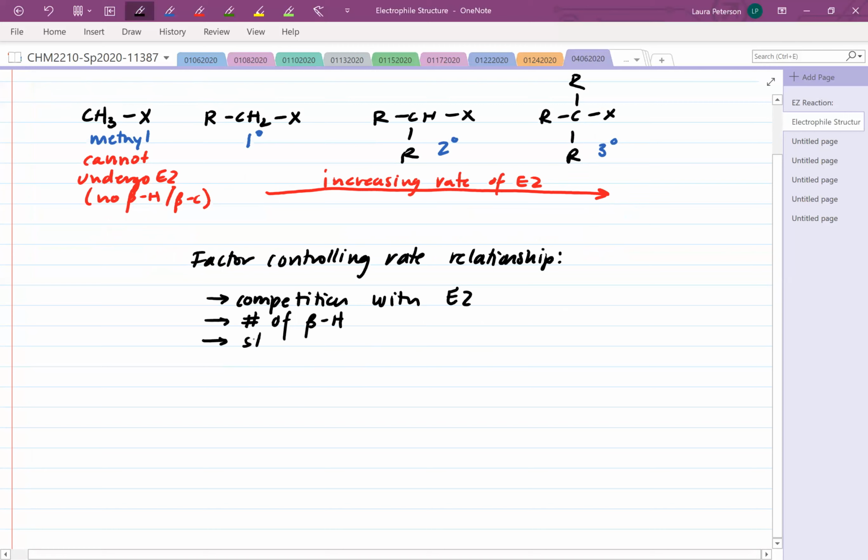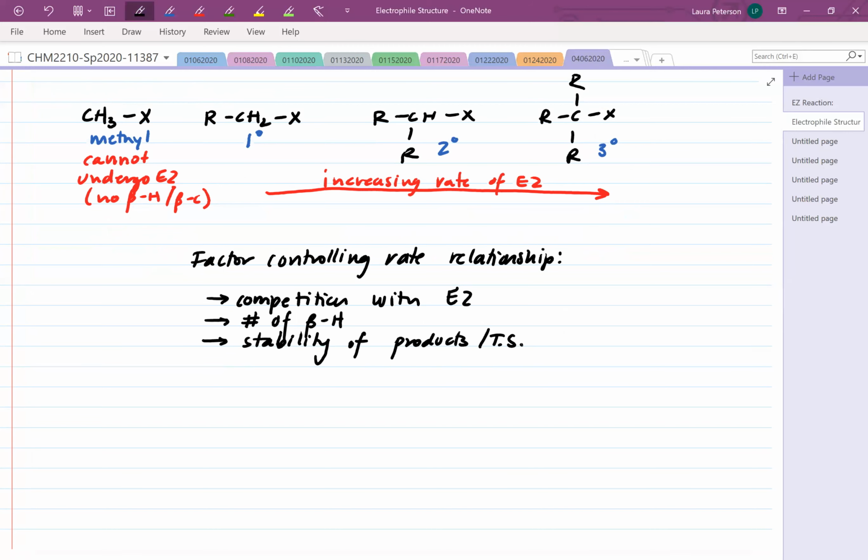So the stability of the products and the transition state: anything we do to stabilize the products will stabilize our transition state. As we increase the substitution of our alkyl halide, we increase the substitution of the corresponding alkene that we're making. So these three factors together all play a role in this rate relationship, in that as we increase the substitution of our alkyl halide, we increase the rate of the reaction.